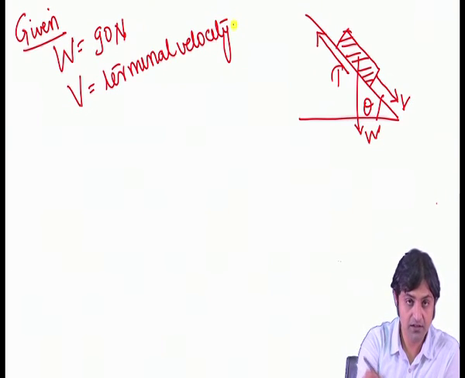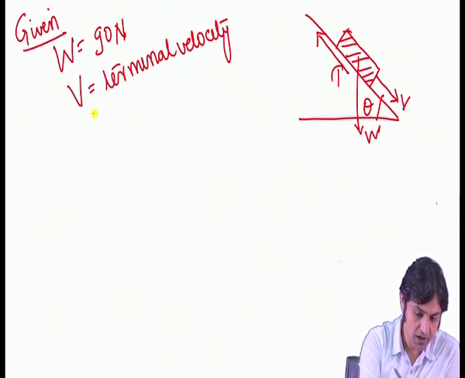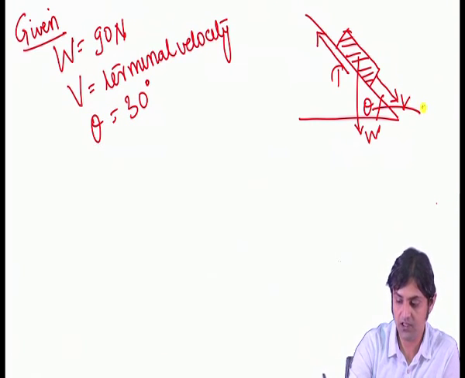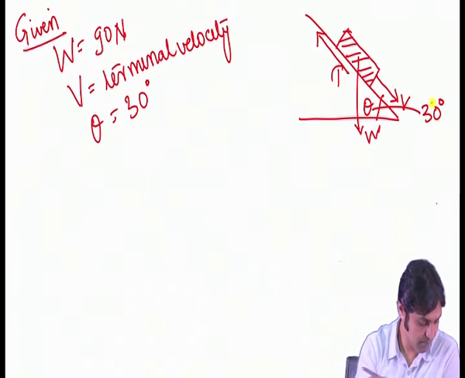Let's assume v is the terminal velocity, which is the value that is asked in the question, and theta is given as 30 degrees. So this theta is actually 30 degrees.